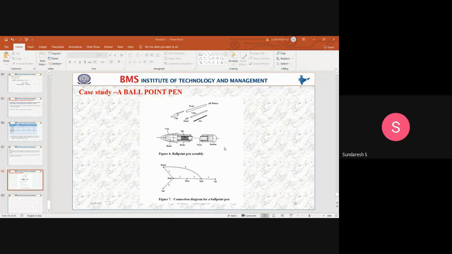If you want to reduce the cost, can you do a modification within the design, and how can you reduce the cost?